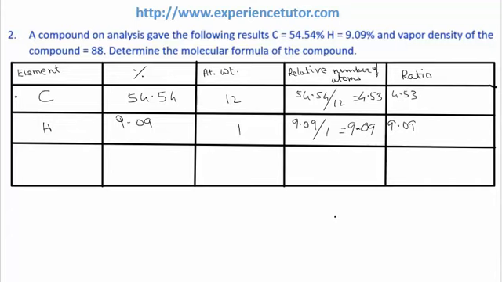Again oxygen is 36.37, here 16, then 36.37 upon 16 is equal to 2.27.